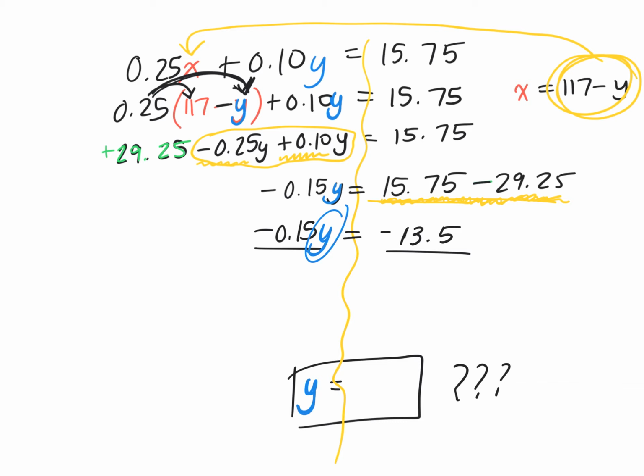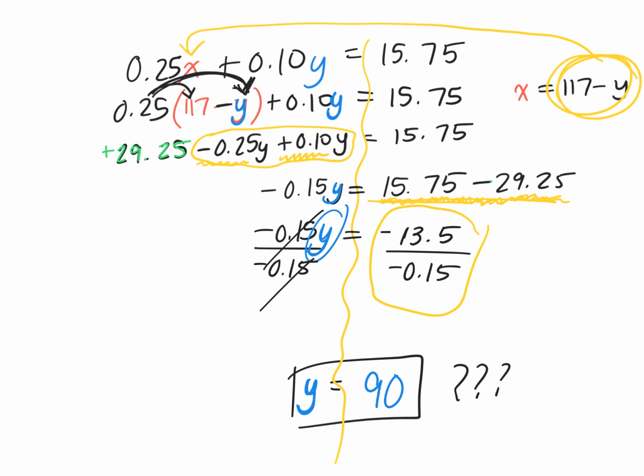Now what do I do to isolate y? Divide by negative 0.15. That reduces to 1. What's negative 13.5 divided by negative 0.15? What do you get when you divide those two? 90. Does that make sense?